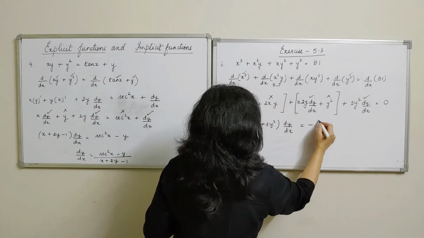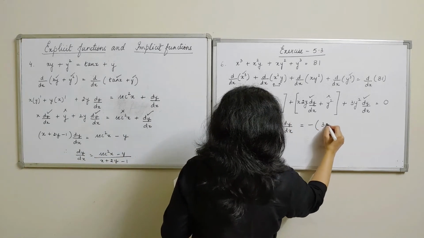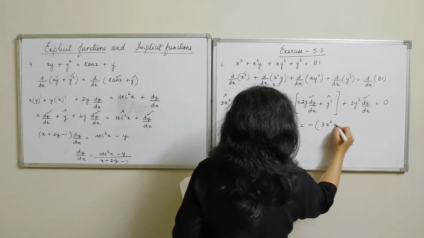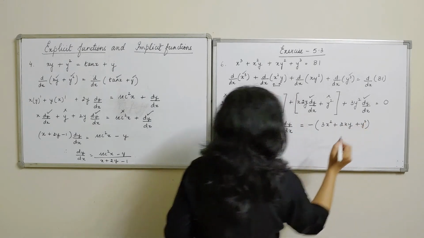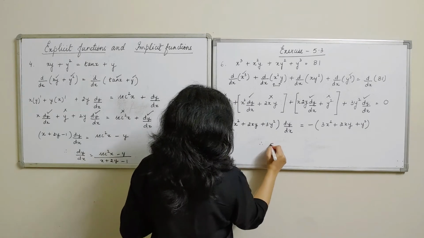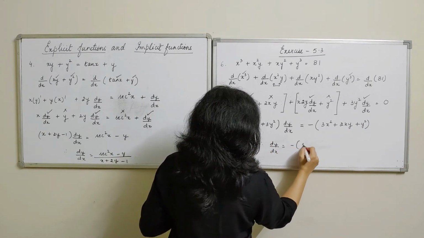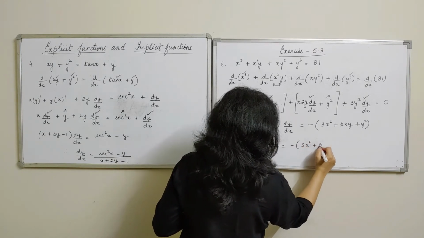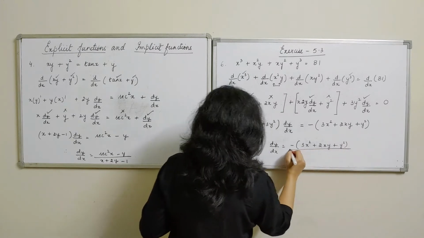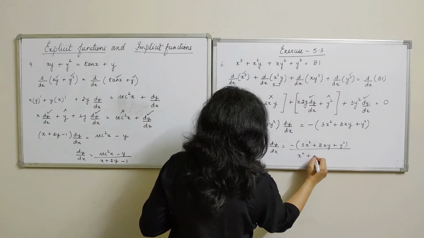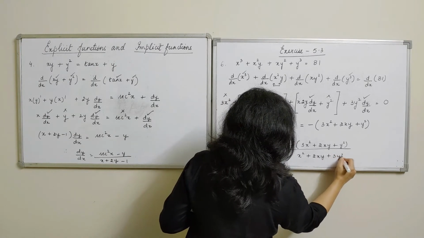So each term will be negative, so taking a minus sign common, minus (3x square plus 2xy plus y square). So finally we are able to find out here dy by dx, which is the negative of the numerator upon x square plus 2xy plus 3y square.